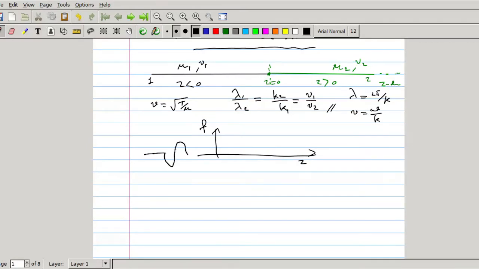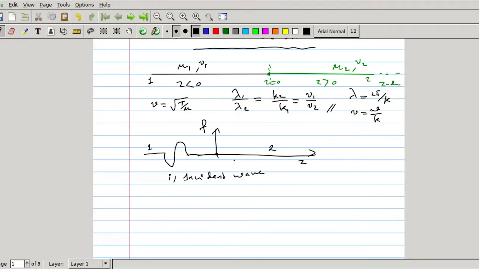A wave is incident on this knot through the first medium. Here it is medium 1 and here it is medium 2. So this is the incident wave.